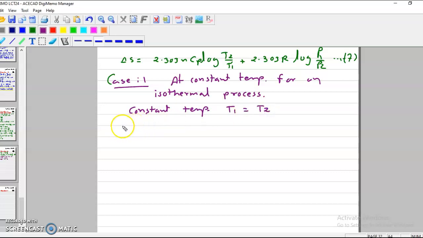So for such a process, equation 4 and equation 6 take the form like this.